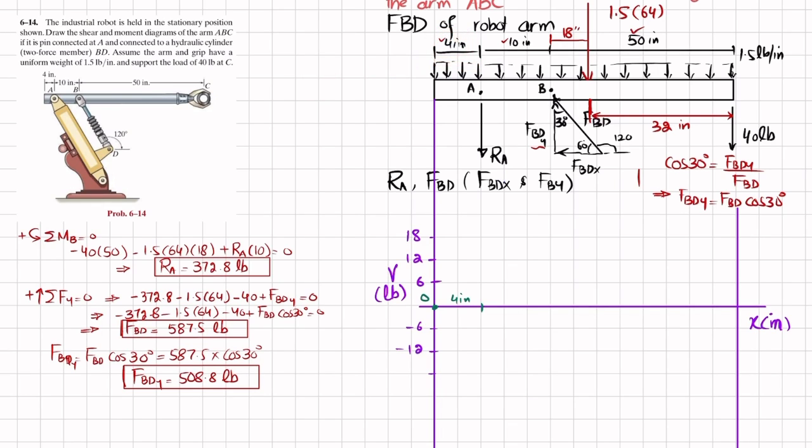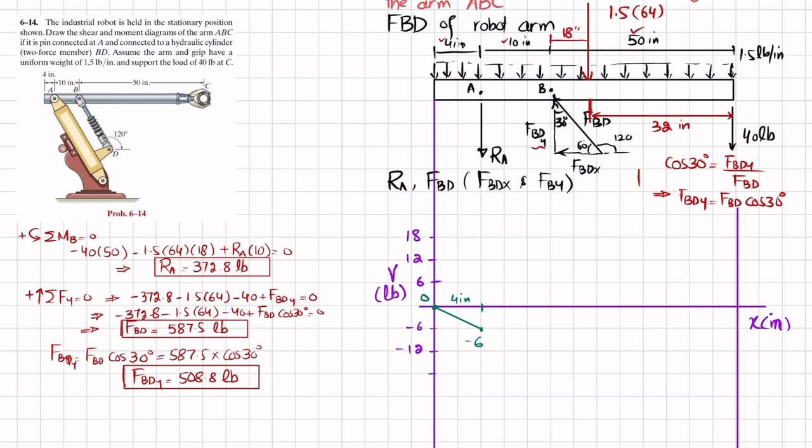If you convert this load into a point load, the value will be minus 6. The shear force will be a straight line, not a curve, because the uniformly distributed load is a horizontal line. So this is your first point.